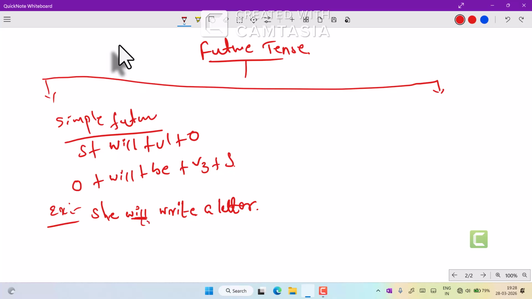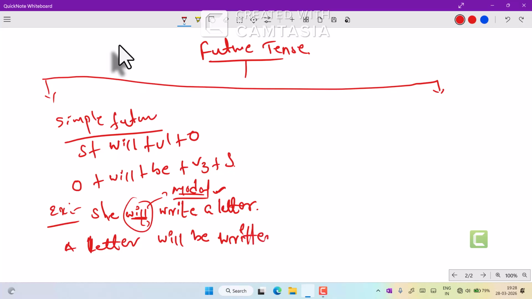We know past auxiliary or modals, you can say modals, we will be looking at now. A letter will be written by her. A letter will be written by her.